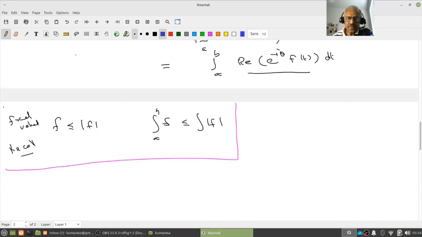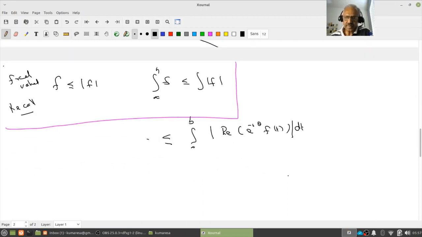So what are we going to do now? Therefore this fellow is less than or equal to the integral from a to b of the modulus of the real part of e power minus i theta f of t dt. There is a modulus here, right?